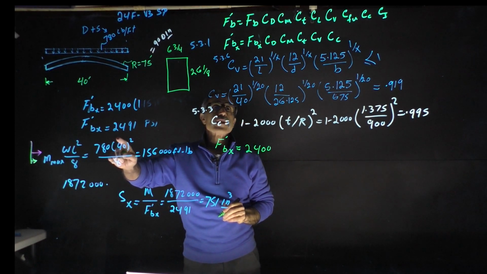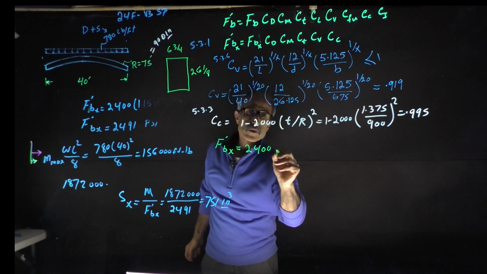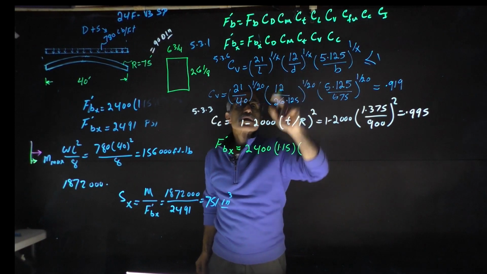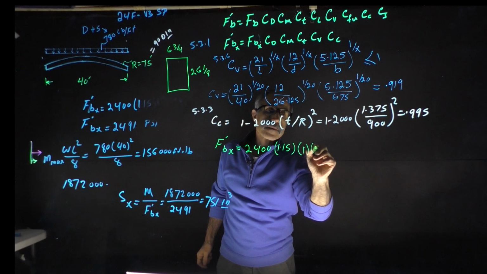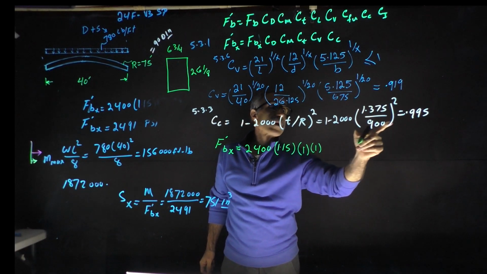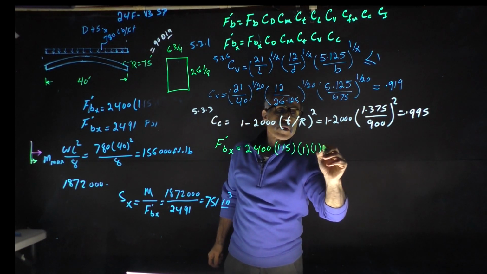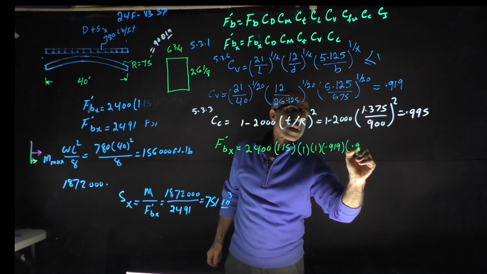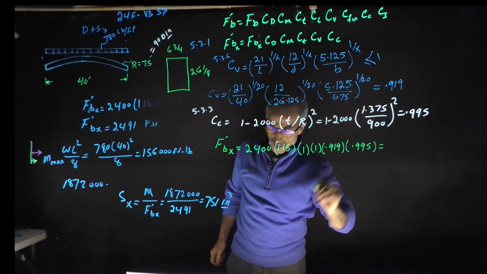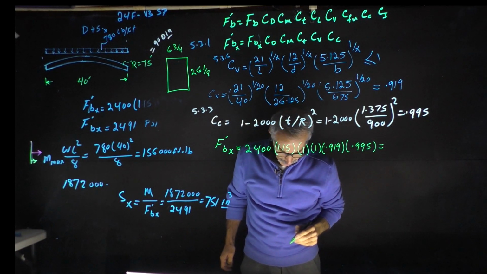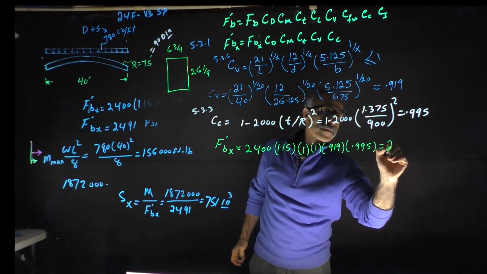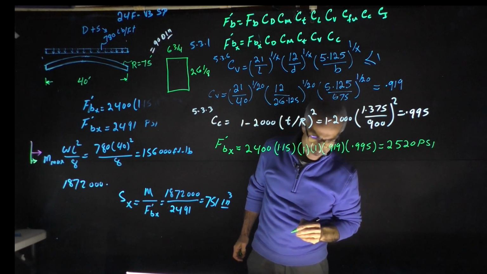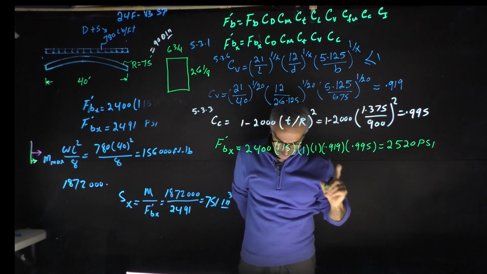We know that's 2400, and CD, which is 1.15, and CM and CT are going to be 1, and CV was 0.919 and 0.995. That comes out to 2520 psi.